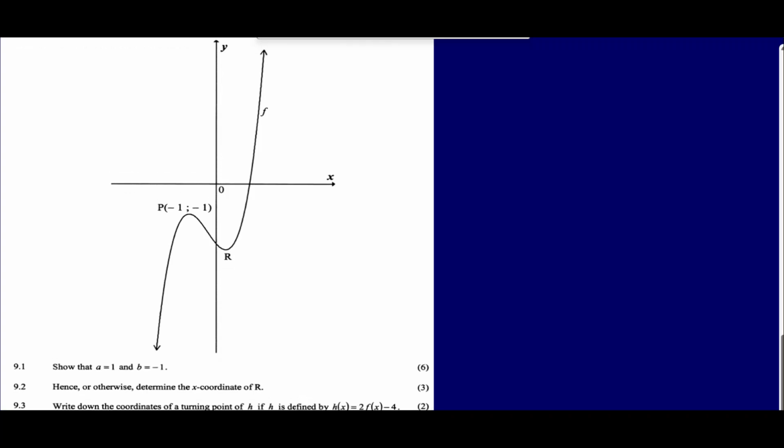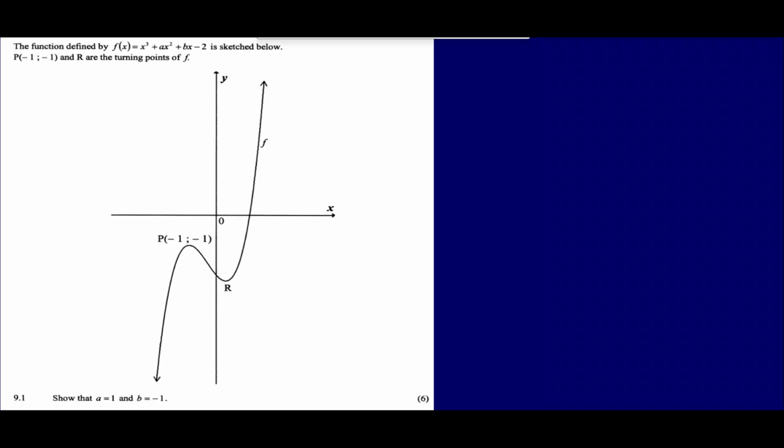So we have another question here and we should quickly do it so that we know that we've covered all the 3 different cases, and especially for the cubic functions, right?